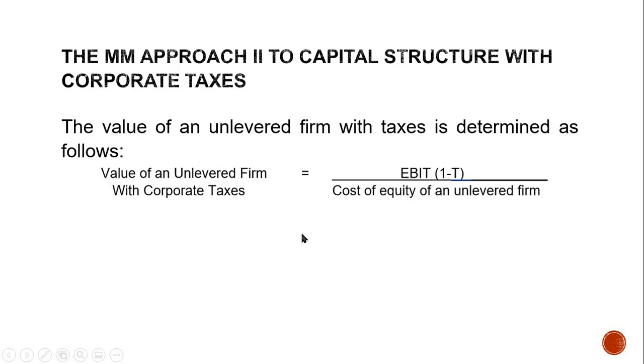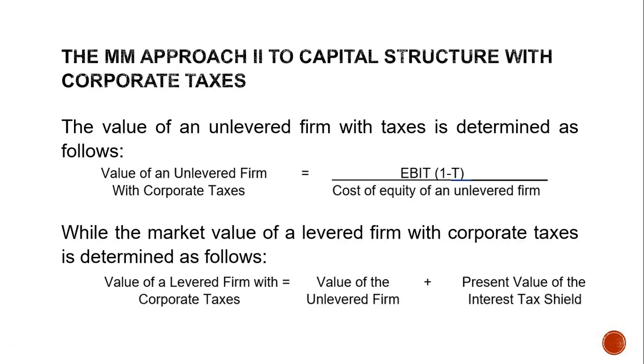Lahat ng capital niya is what? Equity financed. Now, while the market value naman of a levered firm with the corporate taxes is determined as follows. So that's value of a levered firm with corporate taxes is equals to kung ano yung nakuha natin kanina sa value of an unlevered firm, i-add lang natin yung present value of the interest tax shield.